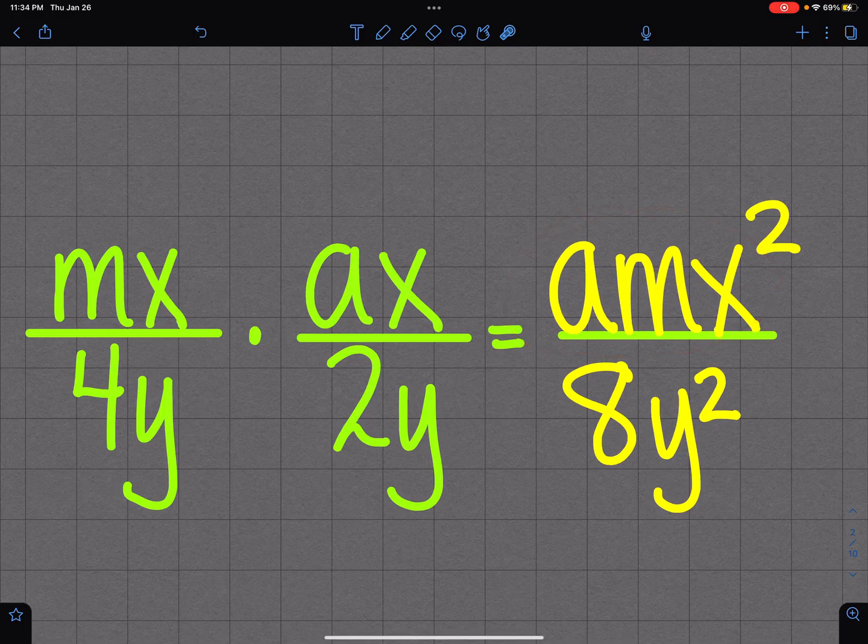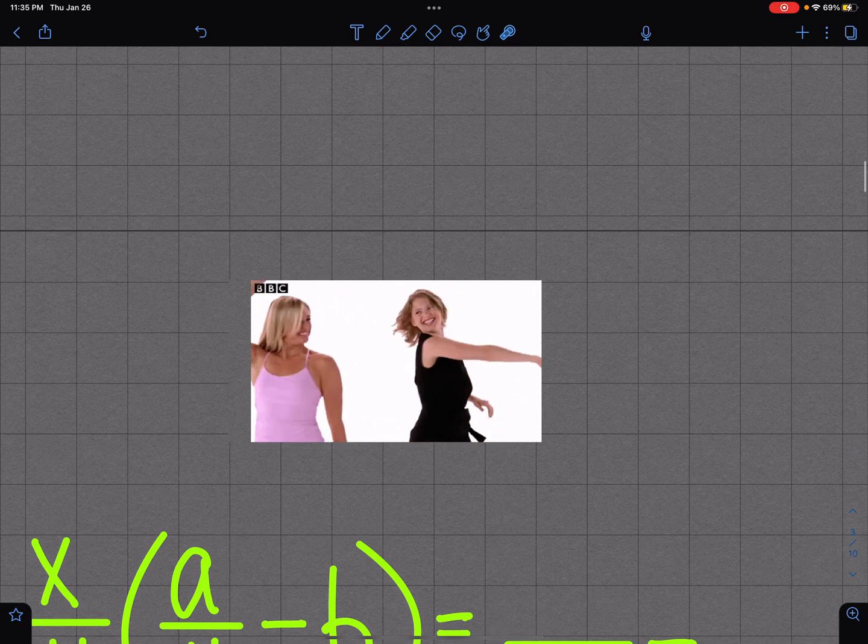But you don't have to. It would be the same answer if it was m ax squared, a totally equivalent thing, so it wouldn't be wrong. If you write that as your answer and the answer book says something a little different, that's totally fine. All right, let's take this to the next level because we got this down.